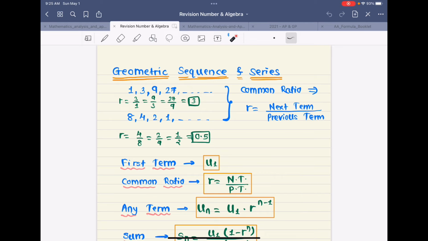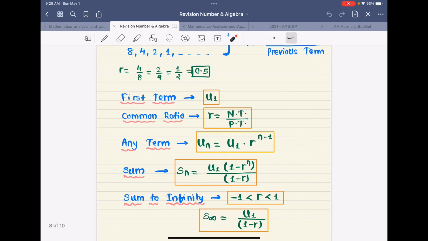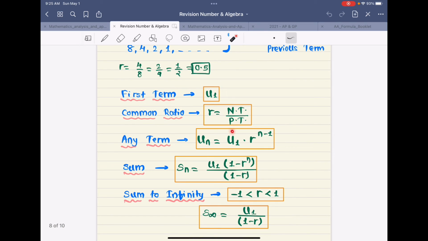Again, let's focus on what notations they are using. As in an arithmetic sequence, the first term is denoted by u1. So in a geometric sequence, the first term is also denoted by u1. In a geometric sequence, the ratio is next term over previous term. If I want to find any term in this sequence, say the 100th term, then I will use u1 times r raised to n minus 1.